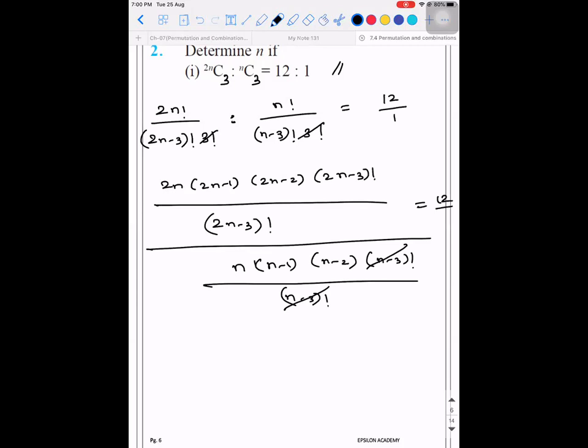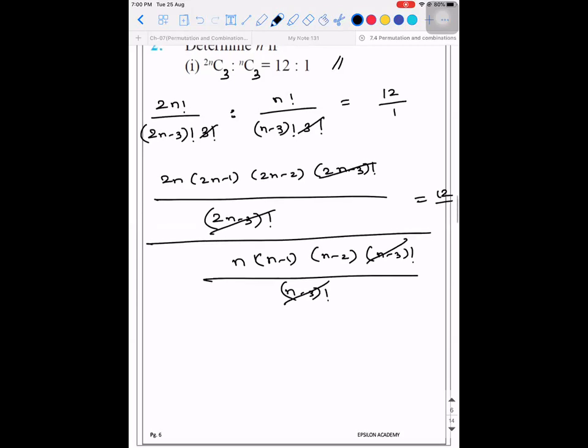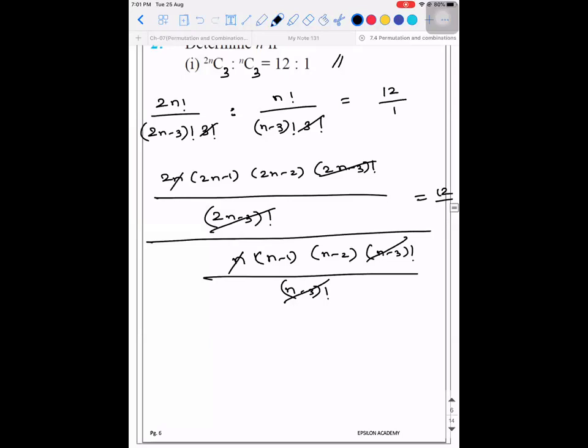Is it clear till this step? So 2n minus 3 factorial and this will get cancelled. n and n are gone. So from 2n minus 2, I can write it as 2 into n minus 1. So what will get cancelled? n minus 1 and n minus 1 get cancelled. So what is left out in the numerator? 4 into 2n minus 1, the whole divided by n minus 2.